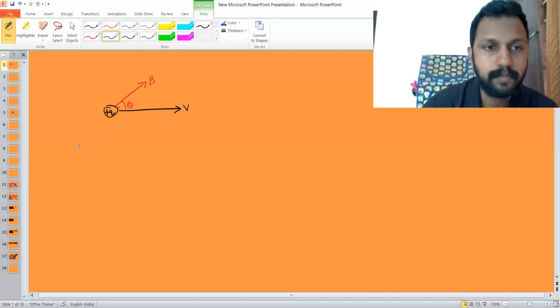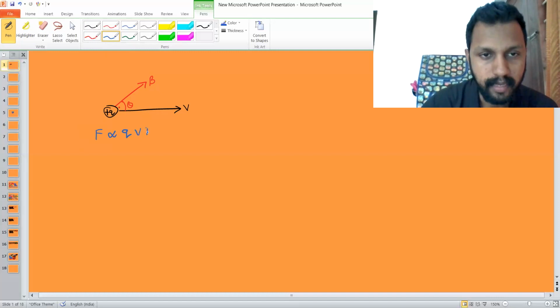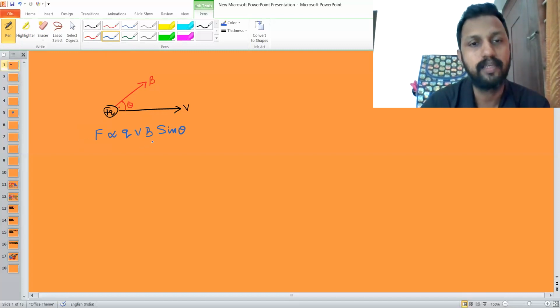Then it was experimentally found that the force acting over this charged particle is directly proportional to the charge, the velocity with which it is moving, the external magnetic field intensity, and the sine of the angle. The force was directly proportional to QVB sine theta.